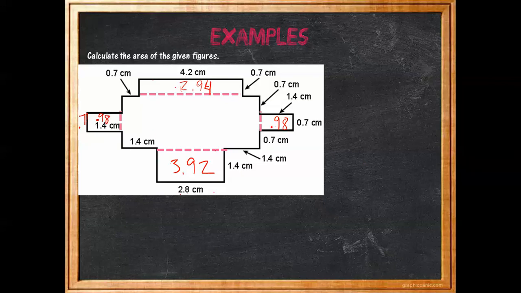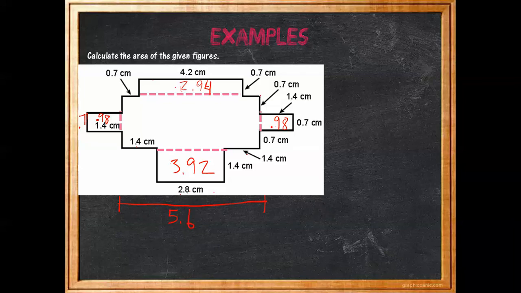So now all I'm left with is this big square right here. To find this big long length, I know this is 1.4, this is 2.8, and this is 1.4. So I just need to add those together: 1.4 plus 2.8 plus 1.4. And so I know this whole length right here is 5.6.